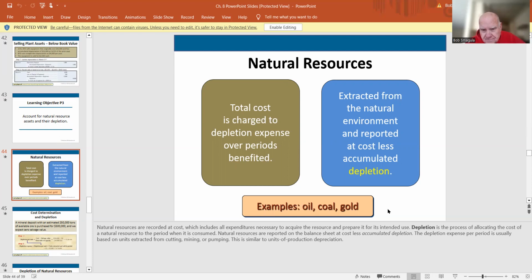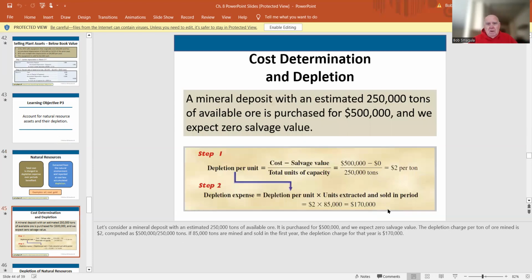Oil, coal, gold, a mineral deposit with an estimated 250,000 tons of available ores purchased for $500,000. We expect zero salvage value. We're just going to dig this mine out, and when we're done, we walk away.